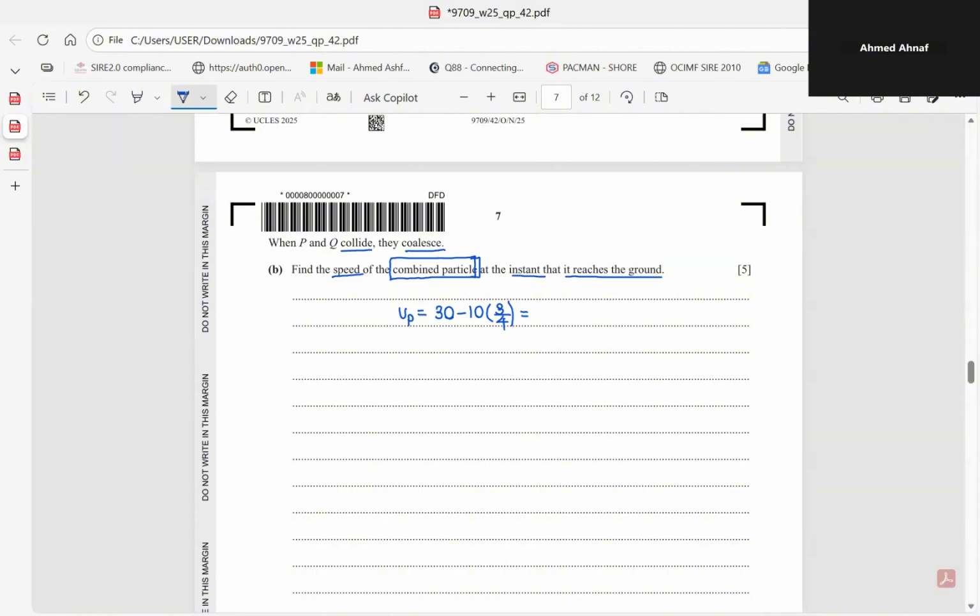If you just type into a calculator, you would get 45 over 2 meters per second. Now let's do the same for Q. So Q is 10 minus 10 times 3/4.